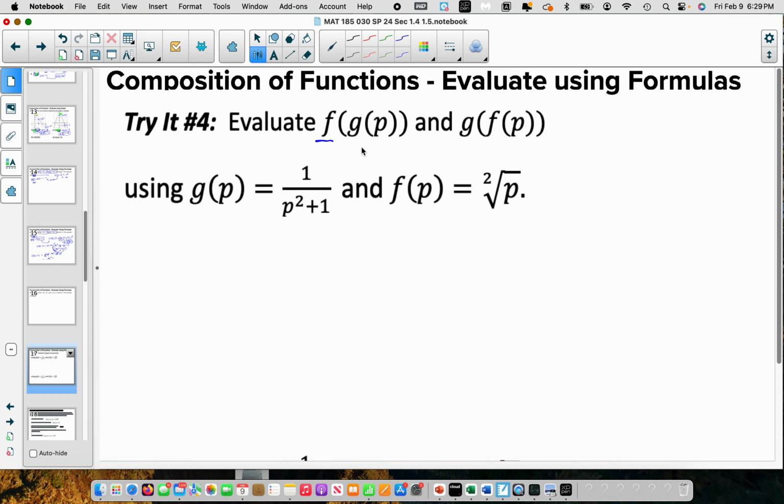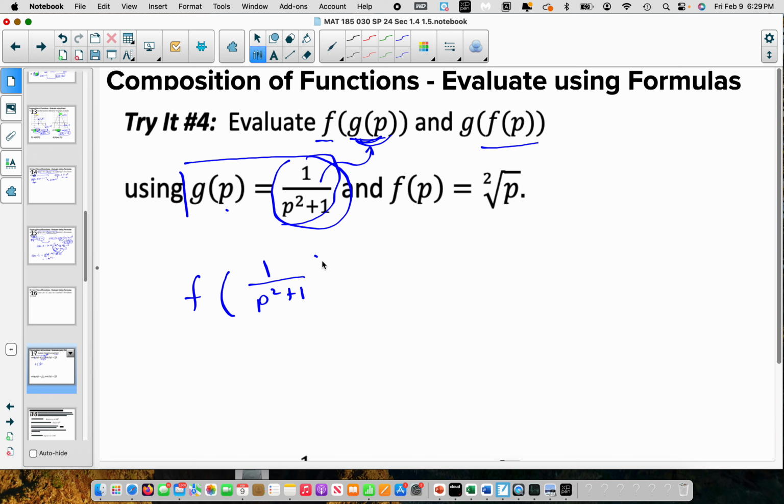We're going to evaluate f of g of p. I'll let you guys do this one on your own. My g function is right here. g of p is equal to 1 over p squared plus 1. So if I take that as what g of p is equivalent to, I'm going to take f of g of p, which is 1 over p squared plus 1. Okay, and my f of p function is this function right here.